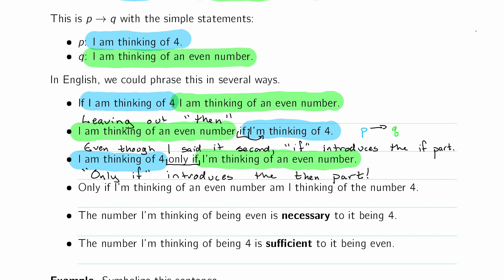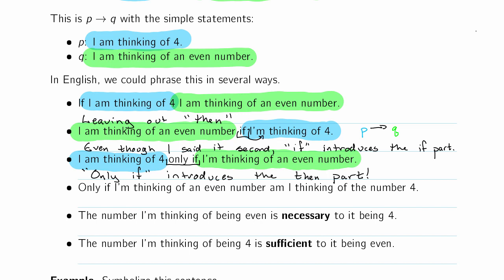So you have to read really carefully and say, does that say if, or does that say only if? Whenever you see the word if, you have to look and see, is there an only right before it? Now this might remind you of the if and only if in the biconditional. That is not a coincidence. We'll talk more about that a little bit later.